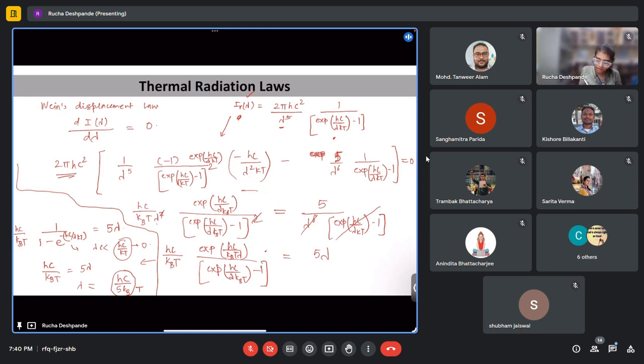So you can try doing this hc by 5 kb, and this value would be our constant b. So we have lambda is equal to b by t. Since we are calculating this at the derivative, it would be our lambda max. So this is the derivation. You can try inputting all the values in these constants and see if they match.